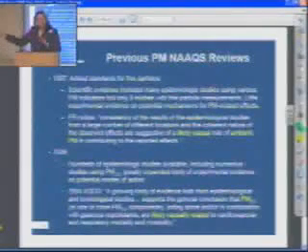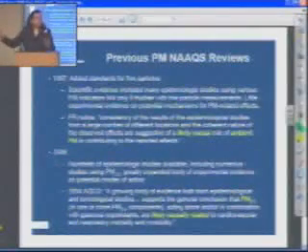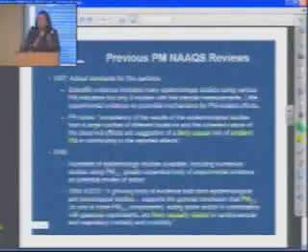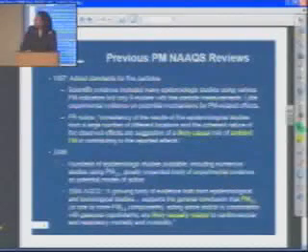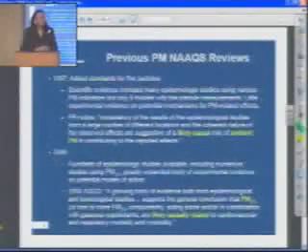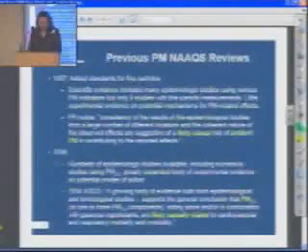So we've drawn these conclusions of essentially likely causal over the last couple of reviews. We haven't actually used our structured, nice language, so it's not always consistent in how we characterize it. But we've drawn conclusions that particulate matter is associated with health effects for the past few reviews.